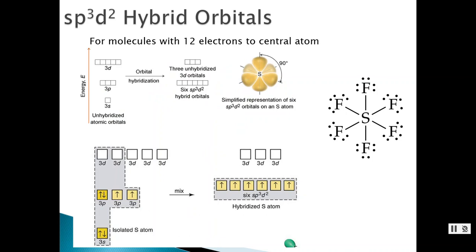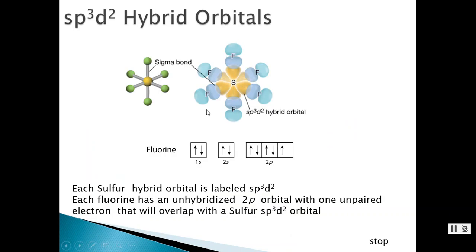So for molecules that have a Lewis dot structure with a central atom that has 12 electrons in its outer shell, those 12 electrons can be accommodated by hybridizing 1 s, 3 p, and 2 d orbitals to give you 6 sp3d2 orbitals, each of which has a single electron in it, which are then available to overlap with the atomic orbital from fluorine to give you the following structure.